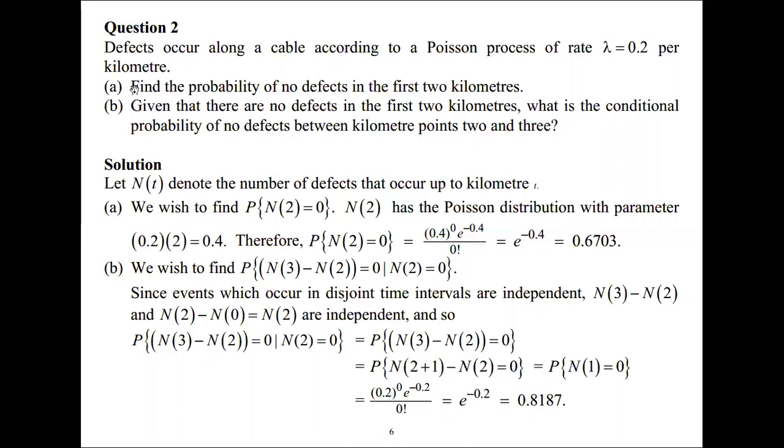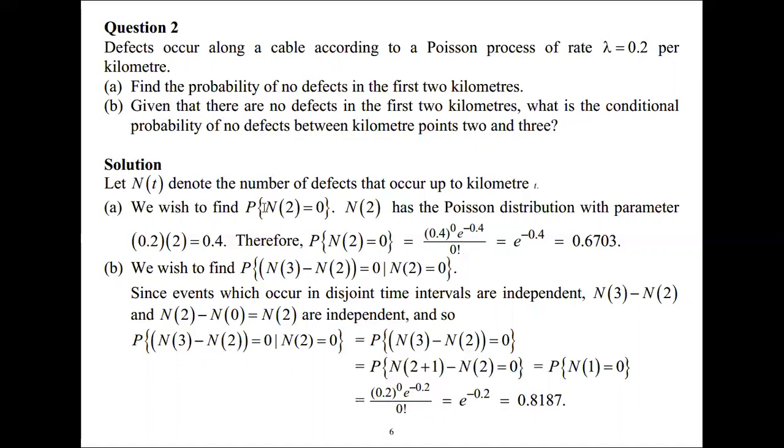Good. So for the first one, we should find the probability that there is no defect in the first 2 kilometers. It means that from 0 to 2, the number of defects is 0. You should be able to translate the words there into statistical notation.